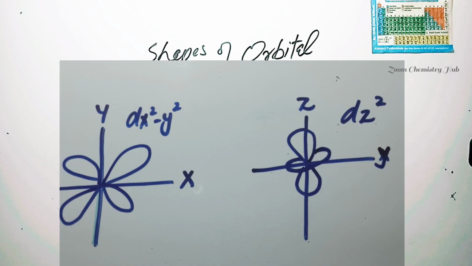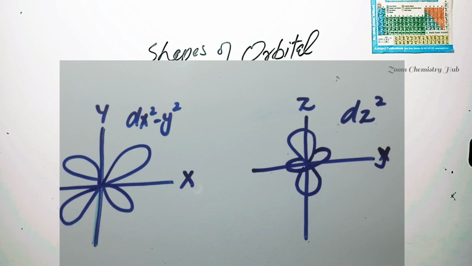And similarly, dx square minus y square has a shape in between the two axes, x and y, with lobes along the axes.